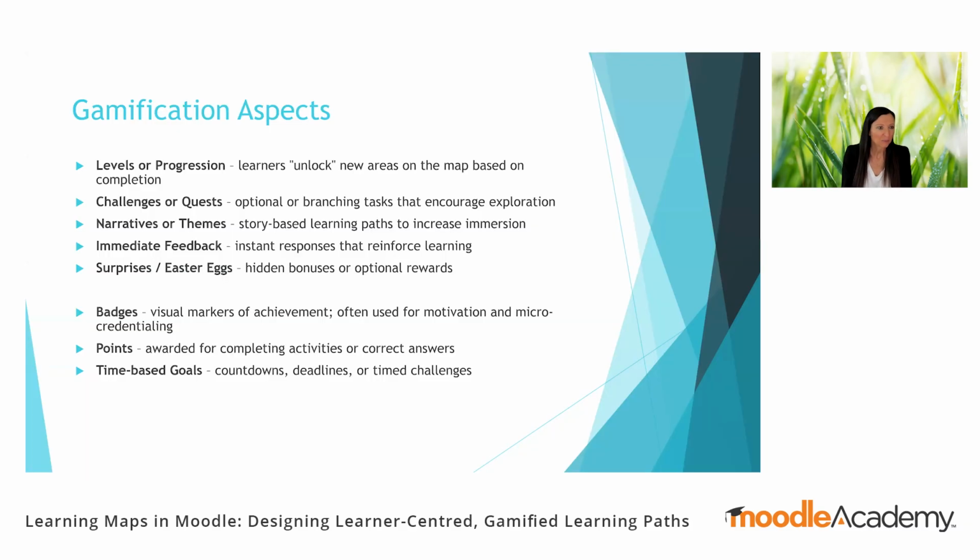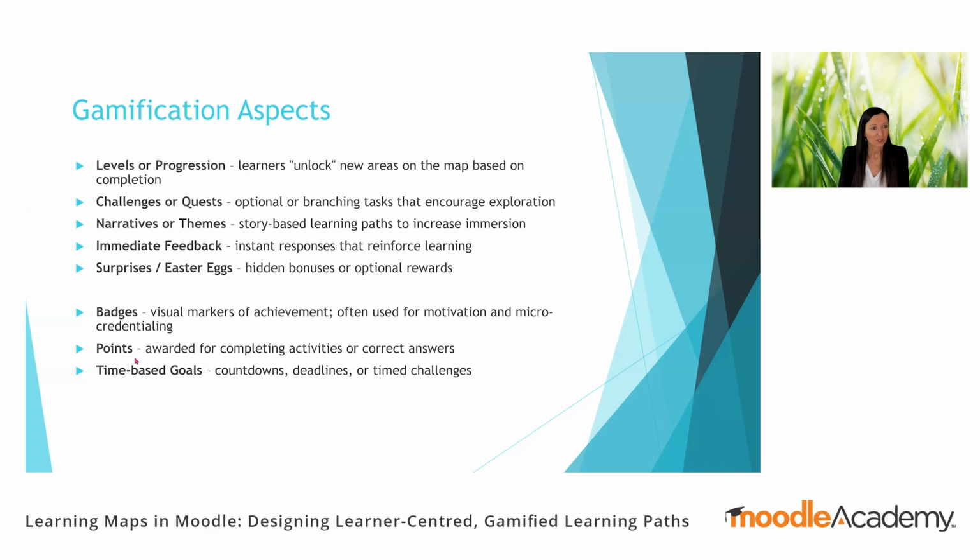I have listed up here some of them. We all know that levels of progression is an aspect, or you can have challenges or quests to add a gamification aspect to your tasks, narratives and themes, storytelling, immediate feedback, surprises, all these things you can do with the learning map. You can include that in your learning map.